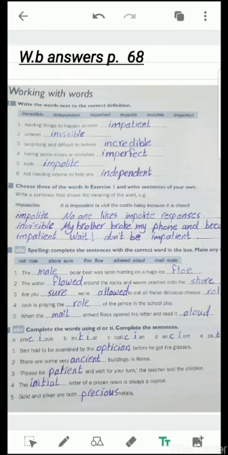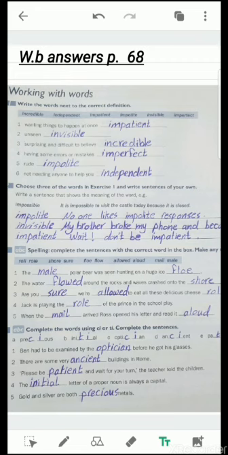The words are incredible, independent, impatient, impolite, invisible, imperfect.